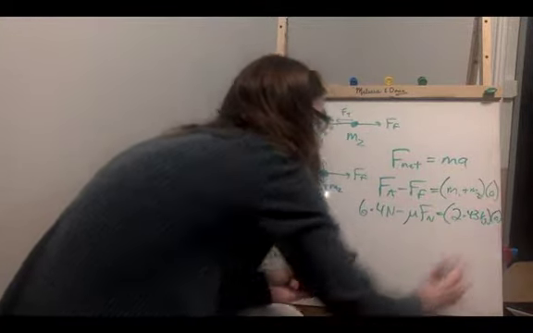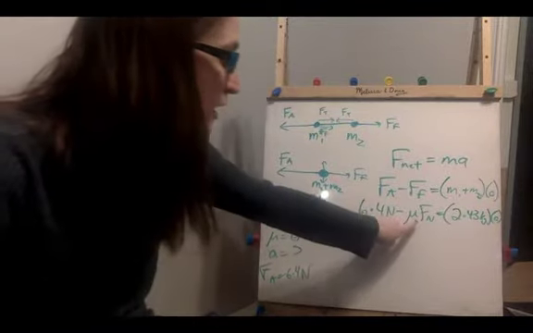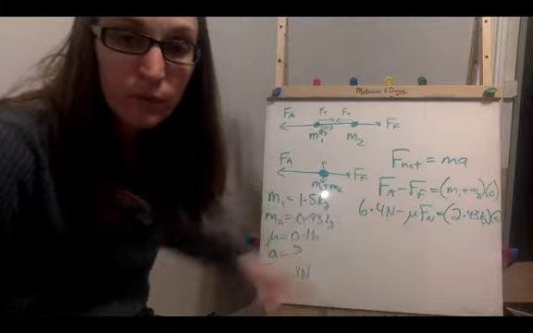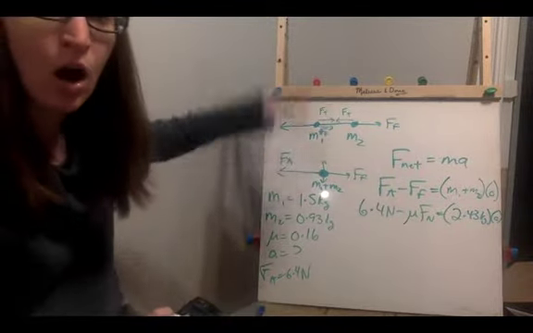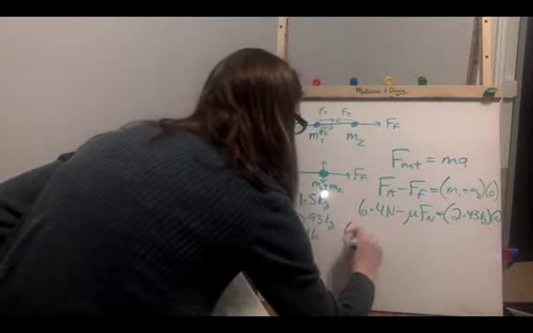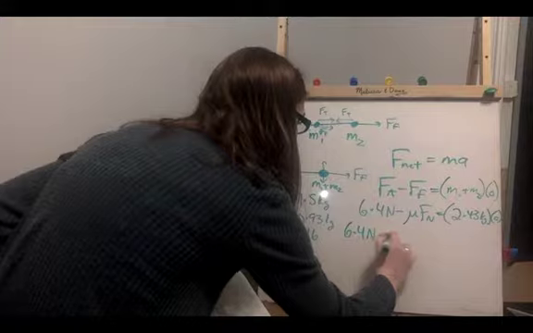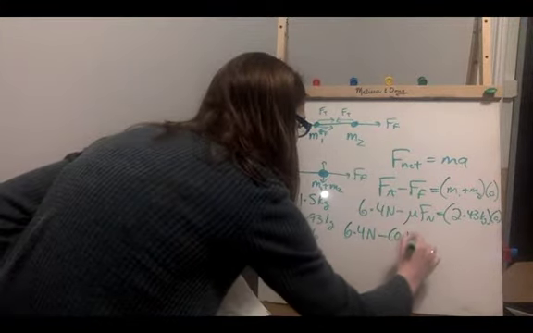And then again, that acceleration of the system is what we're trying to find. So now what's missing is this normal force, right? But normal force, we just talked about, is going to be equal to the force of gravity here because we're not moving in a vertical direction at all. So our applied force remains the same at 6.4 newtons. We have our coefficient of friction, which was 0.16.